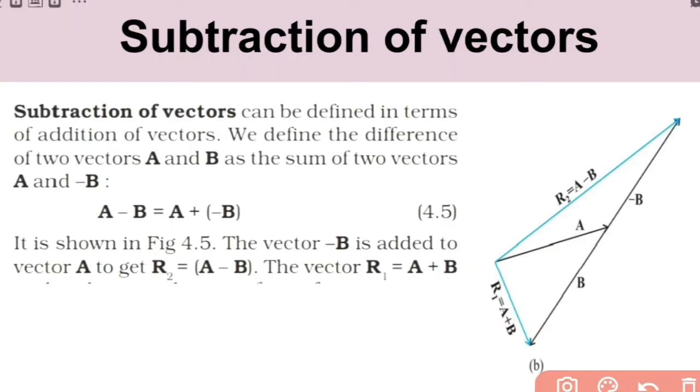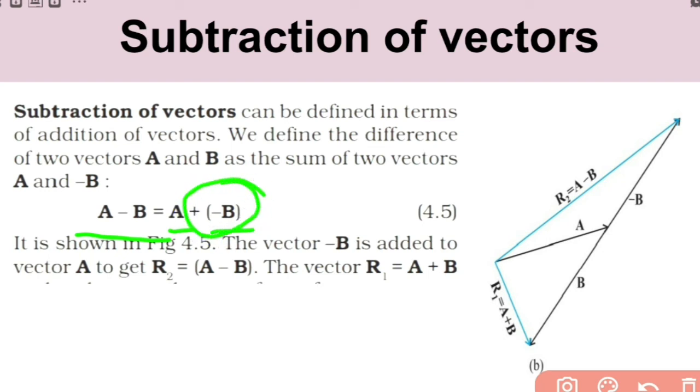Now we have subtraction of vectors. So subtraction of vectors means either vector A minus vector B or vector B minus vector A. So actually subtraction can be defined in terms of addition. That's the logic which we follow here in subtraction of vectors. So vector A minus vector B can be written as what? Vector A plus minus vector B. What do you mean by minus vector B?